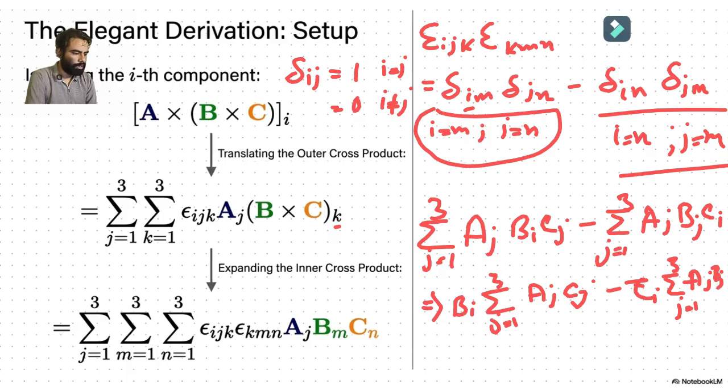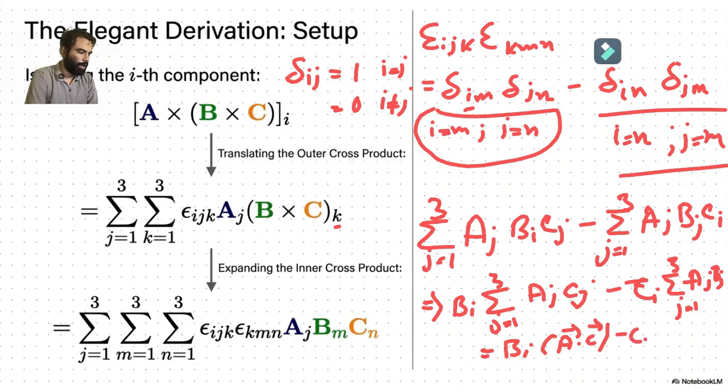Now we have seen all this. The sum from 1 to 3 of aj cj is the dot product, a dot c. So it gives you bi a dot c minus ci a dot b for the first component.